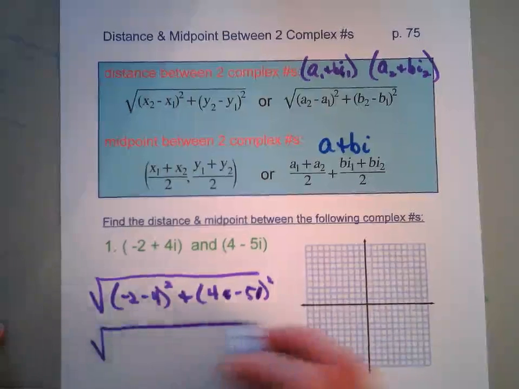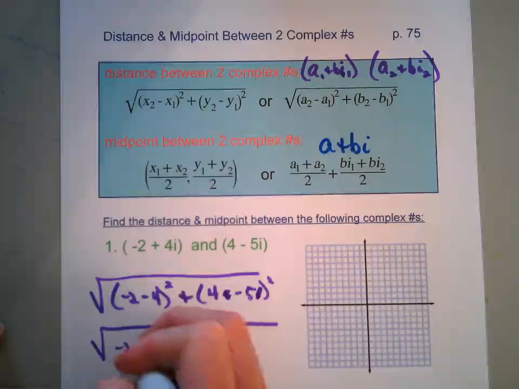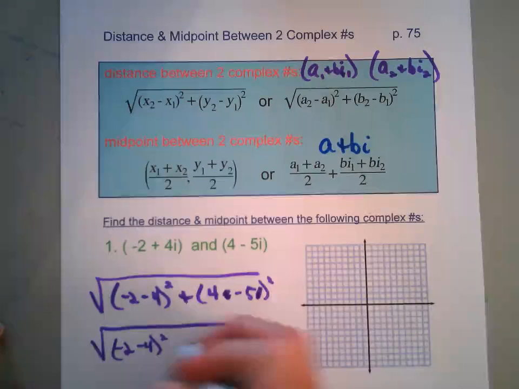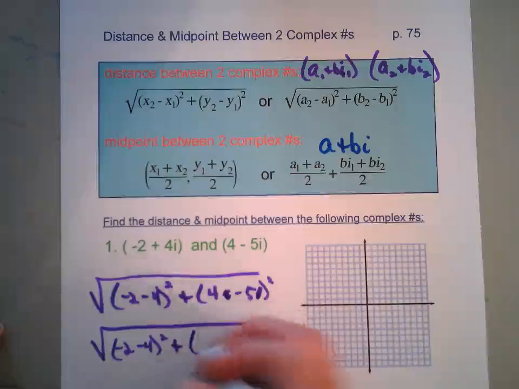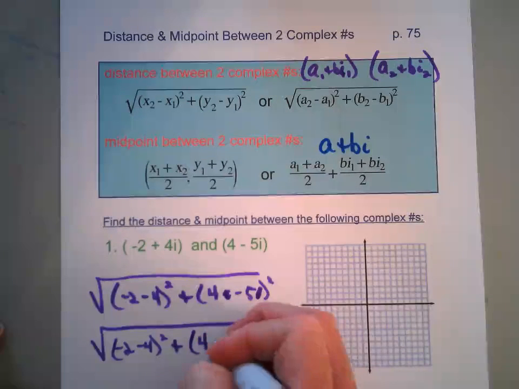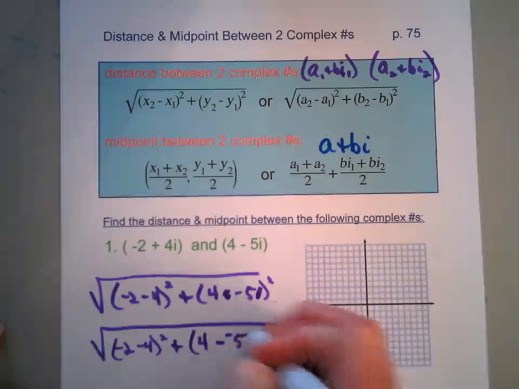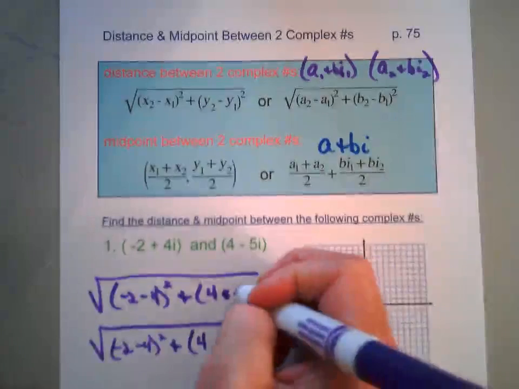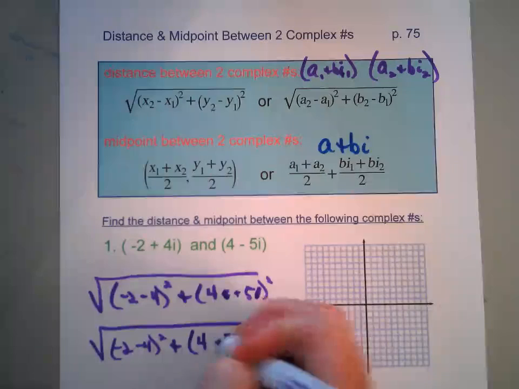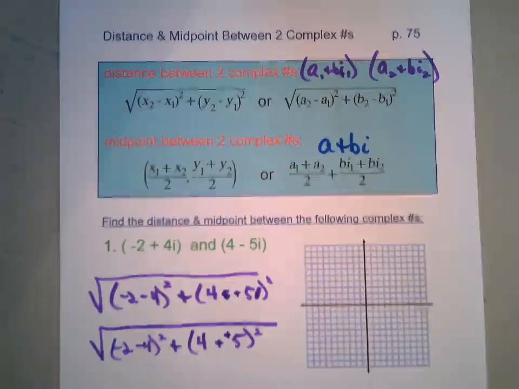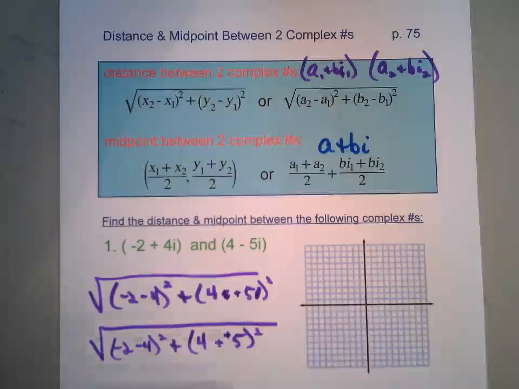So we'll fix that real quick. Negative 2 minus 4 squared plus, I'm just going to rewrite this because we kind of messed that up, 4 minus negative 5 squared. So we ended up with a double negative here. Sorry about that, it got a little messy at first, but I came down here and fixed it. If you want to, you can plug all that in the calculator real quick.